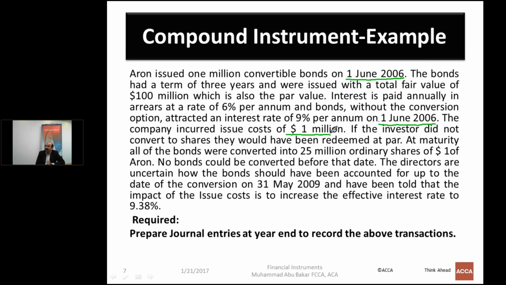The directors are uncertain how the bonds should have been accounted for up to the date of the conversion on 31st May 2009 and have been told that the impact of the issue cost is to increase the effective interest rate to 9.38%.